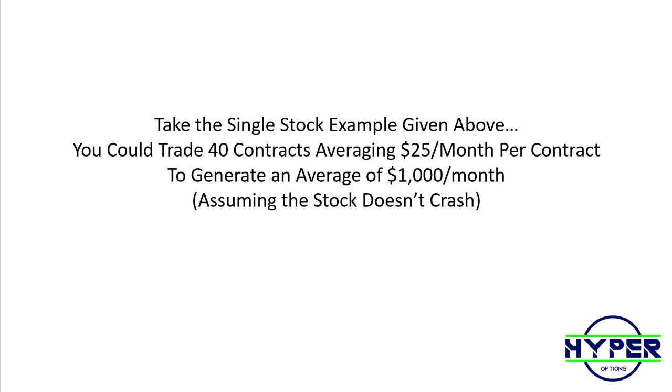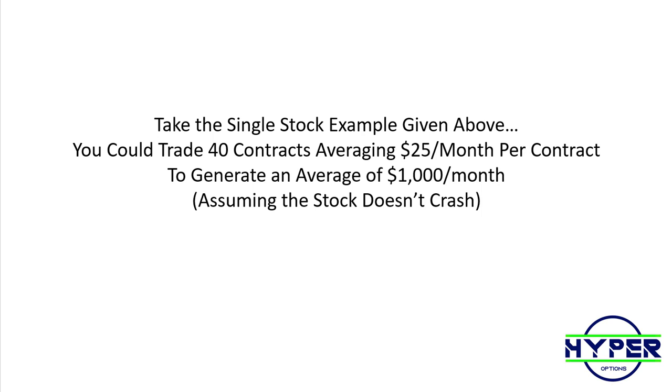You take this one single stock example given previously, and you could trade 40 contracts. And over the course of a 204-day period, in reality, if it takes the entire 89 days to close out the third trade, it will have averaged $25 per month per contract.